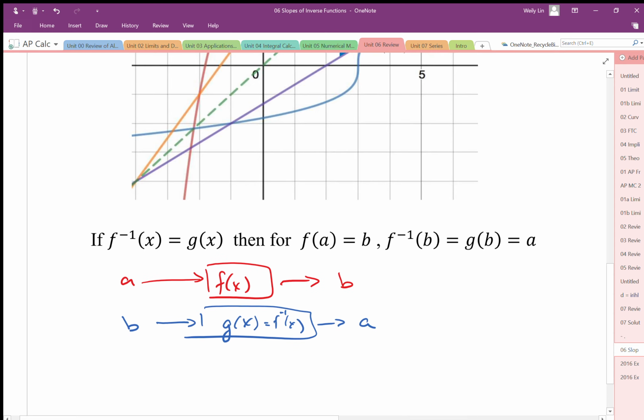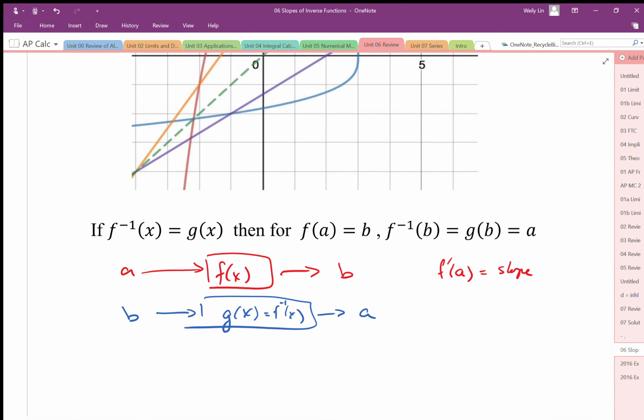So when I calculate slope here, I need to have an input. So for f prime, I have to use A as the input, and this will give me the slope. And for the slope on the blue graph, the input is going to be not A, but the output of f, which is B. So if I want to find the g slope, g prime, I have to use b.